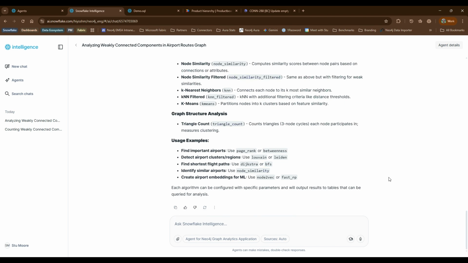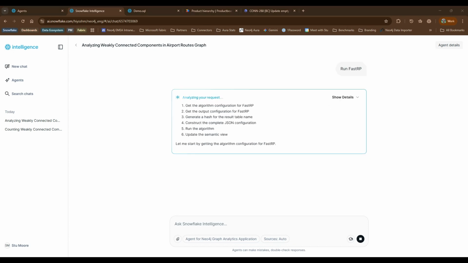One of the other great things is its ability to make use of the semantic view. So let's say that I want to run FastRP. FastRP is a node embedding, so basically it just calculates some numerical scores for each node, essentially embedding information.